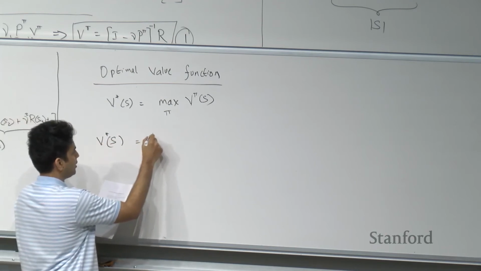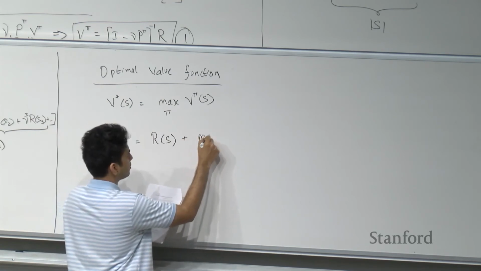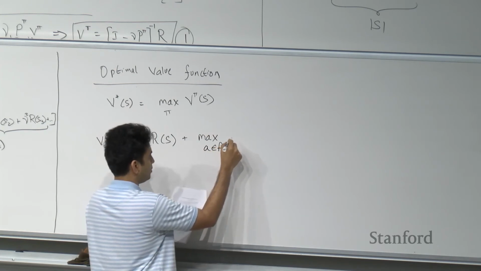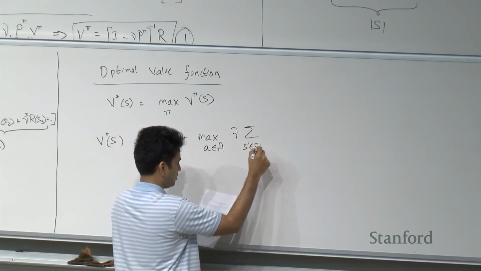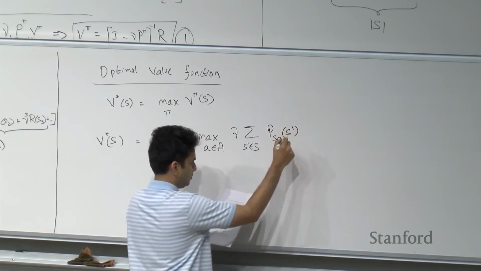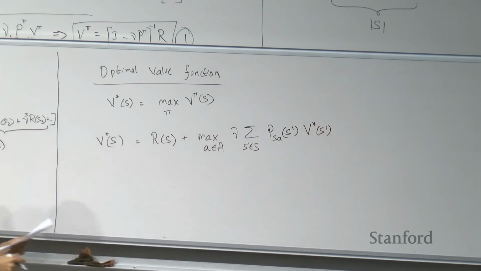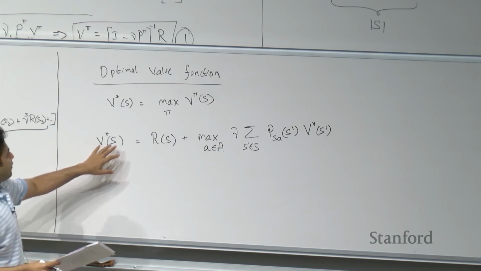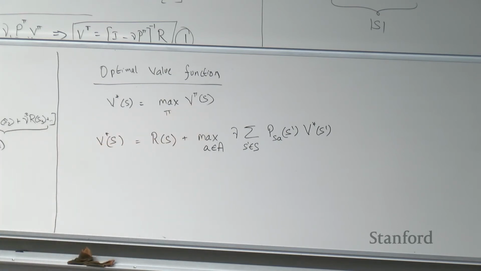Right? And V star of S is therefore also written as R of S plus max over a in A of gamma times the sum over S prime in S of P_{S a}(S prime) times V star of S prime. Right? So V star of S is defined as the max of V pi of S, where for V pi of S we used this definition.